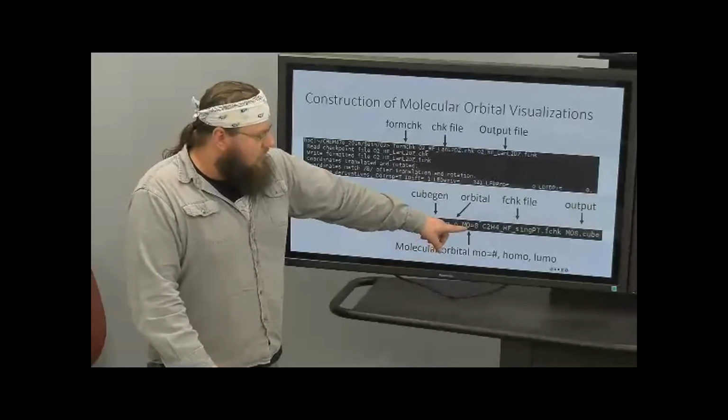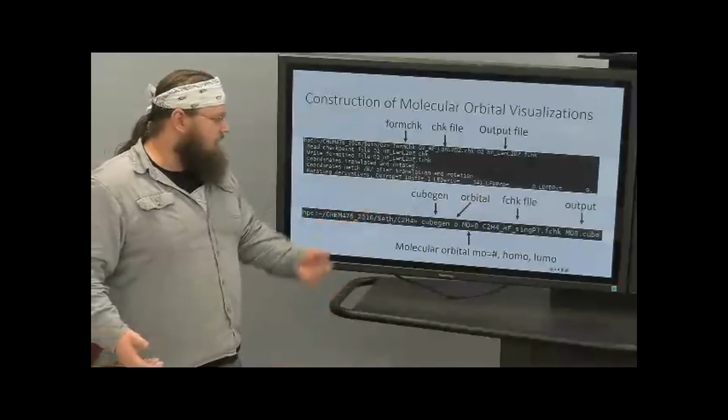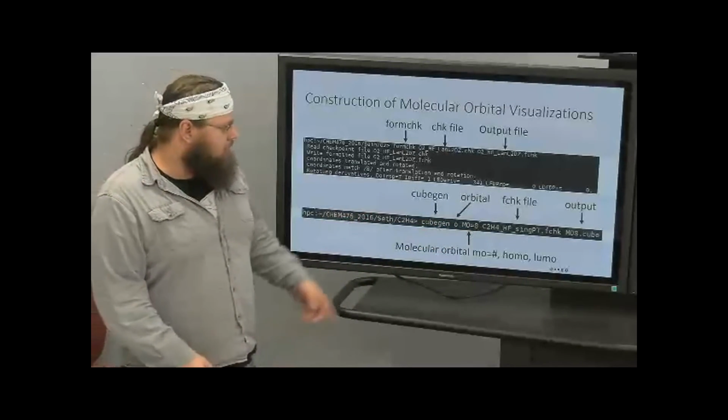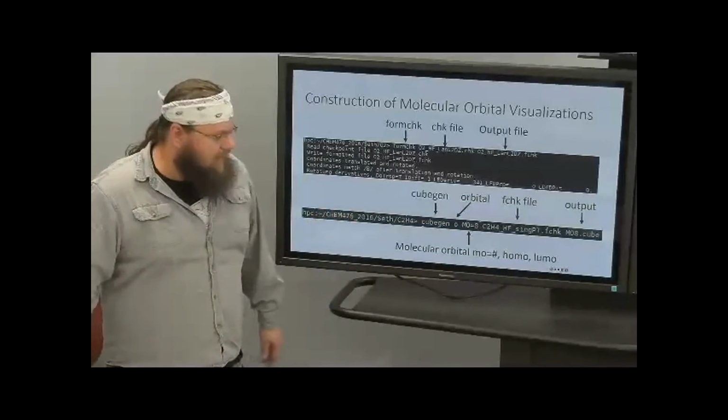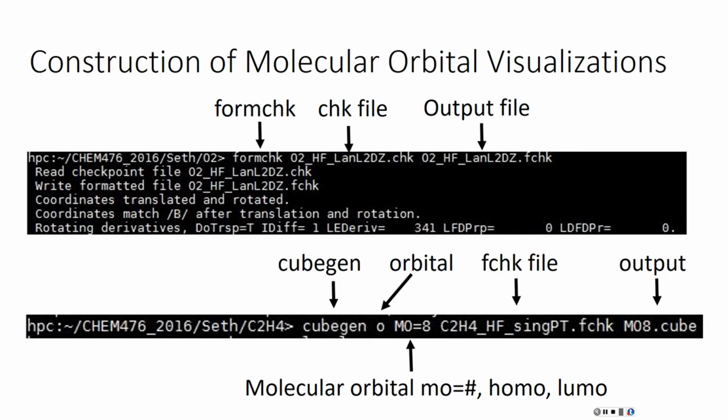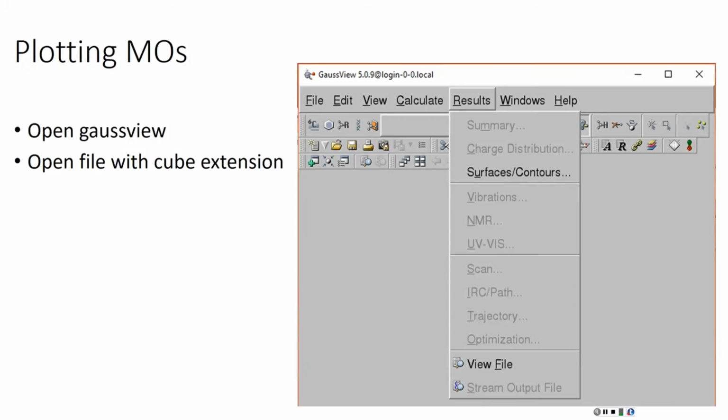Then you go MO equals, and in this case I wanted 8 because that was the HOMO for this molecule, then the fchk file, and then your output. So I called it mo8.cube. But instead of just using an 8, you can use any number that there is an orbital for. You can use HOMO or you can use LUMO, so then you actually don't even need to know which one it is. You just tell it HOMO and it gives you the HOMO out.